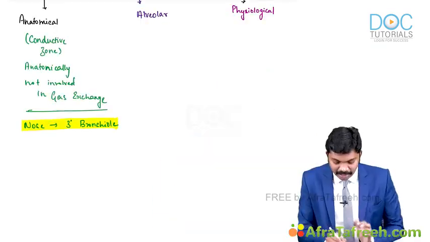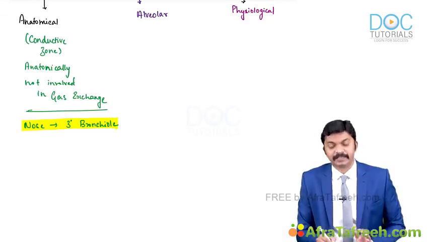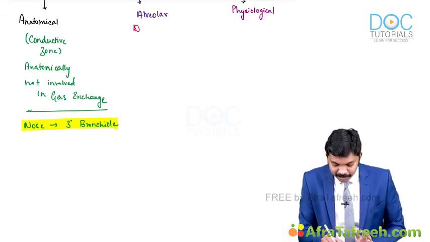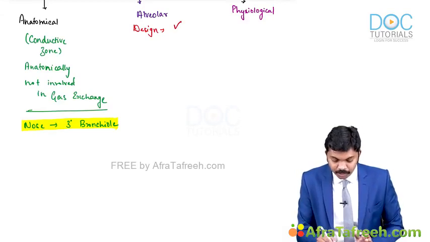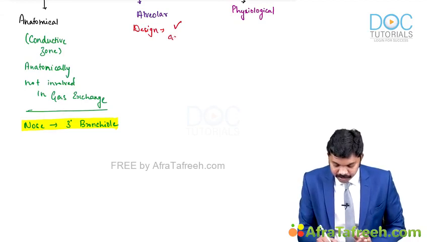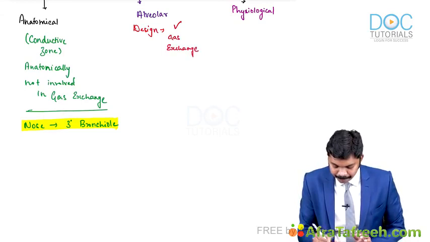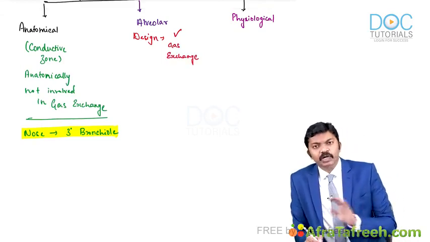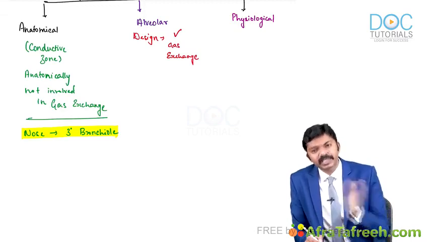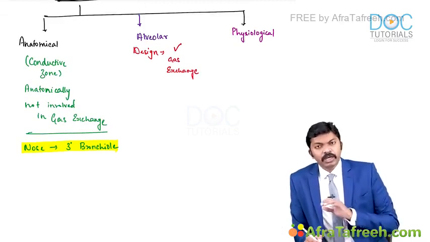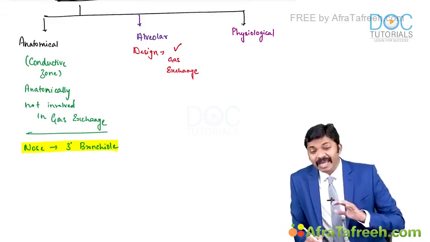When it comes to alveolar dead space, now please understand this. The alveolus is designed to be involved in gas exchange. Anatomically they are not designed to just conduct, they are designed to exchange gases. In normal lungs there is not going to be any problem.